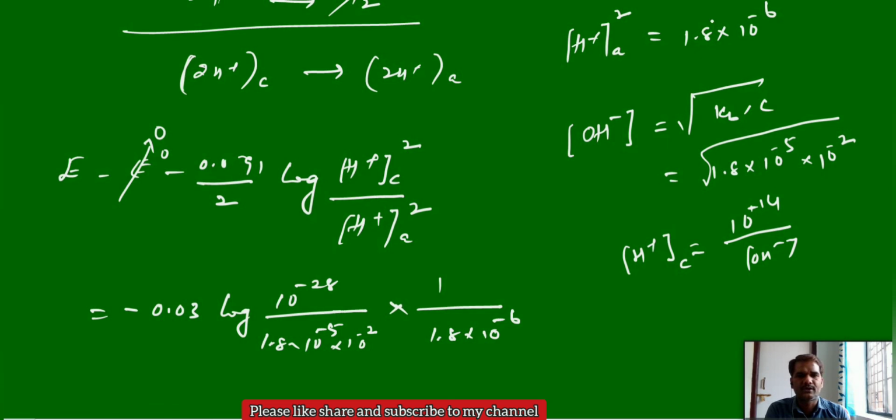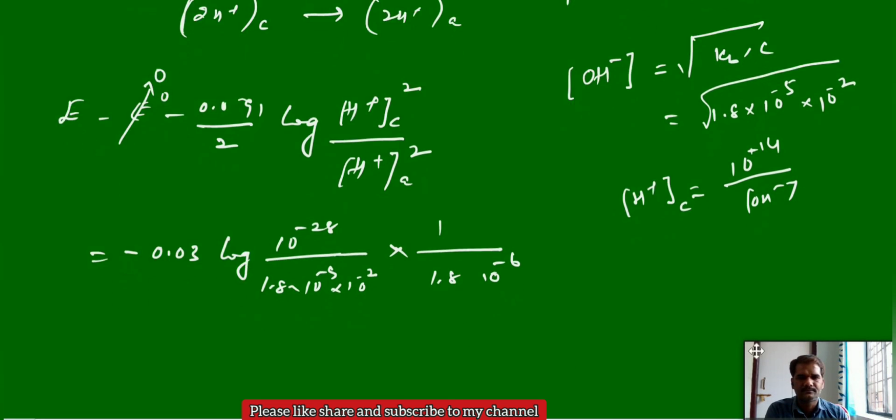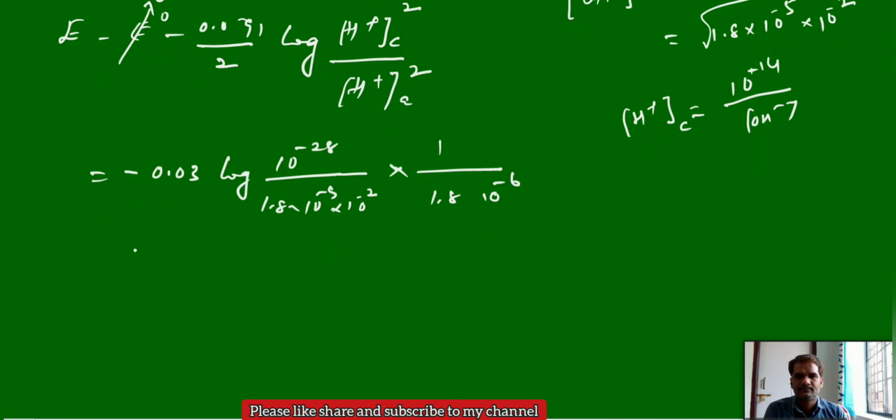Directly we are taking the H plus squared concentration value. Simplified, this is 10 power minus 7 and 10 power minus 13. That gives minus 0.03 times log of 10 power minus 15 by 1.8 squared.